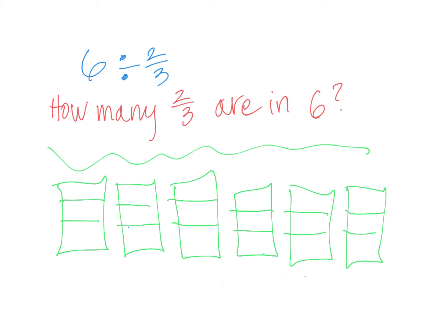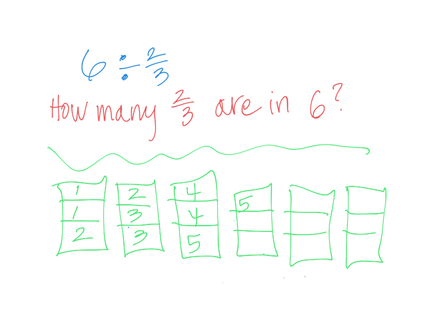If each child is going to get 2/3 of a brownie, how many kids can we feed? Well, child 1 gets that because this is 1/3 and this is 1/3, and 1/3 plus 1/3 is 2/3. The second child gets that. The third child gets that. And they're each getting 2/3 of a brownie.